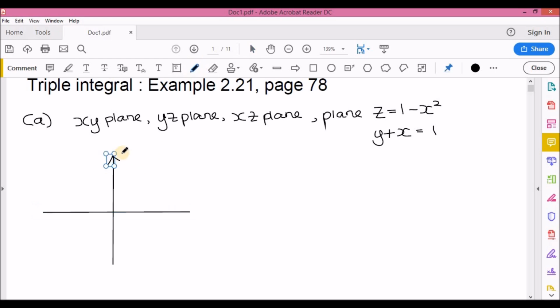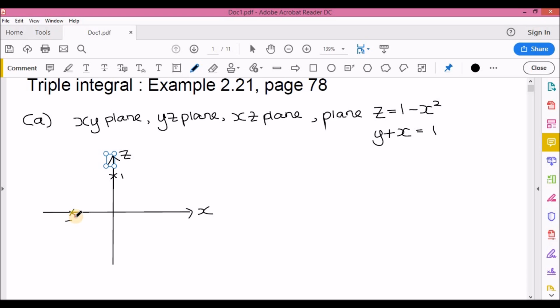So you can label your graph. This is the z, this is the x. When your x is 0, your z will be equal to 1, so you can mark one point here. And when your z equals 0, your x can be positive 1 and negative 1.